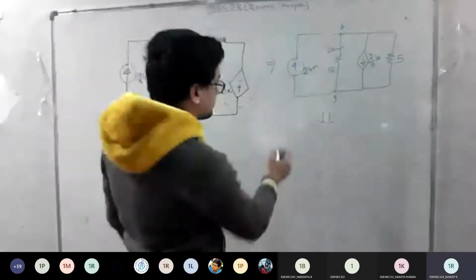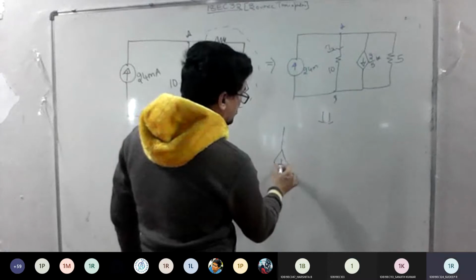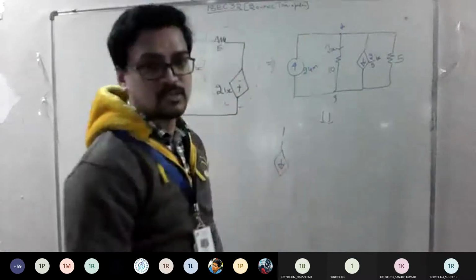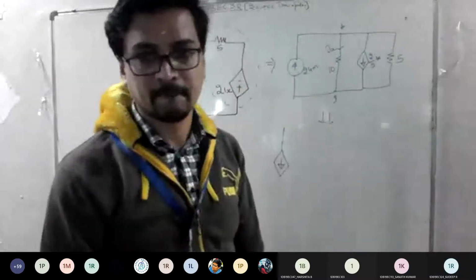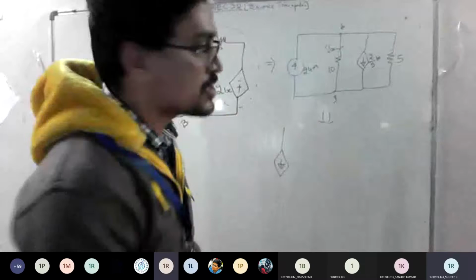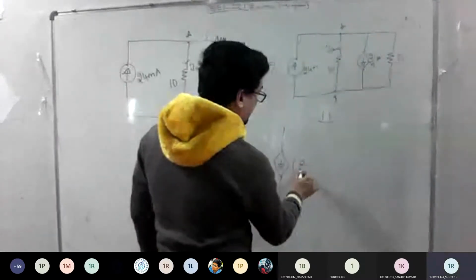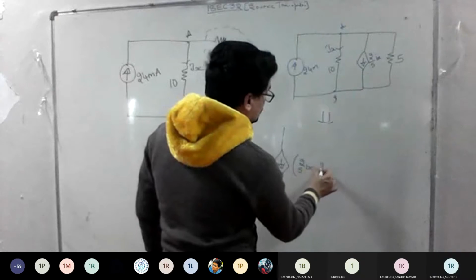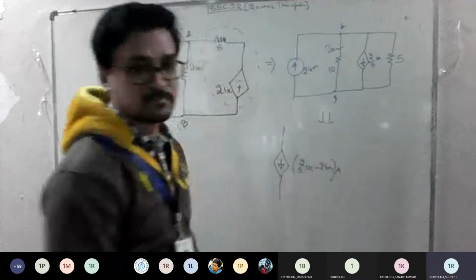The direction is downward now. What should you do? This minus this. So the value is downwards 2 by 5 Ix minus 24 milliamps. Is that the value?